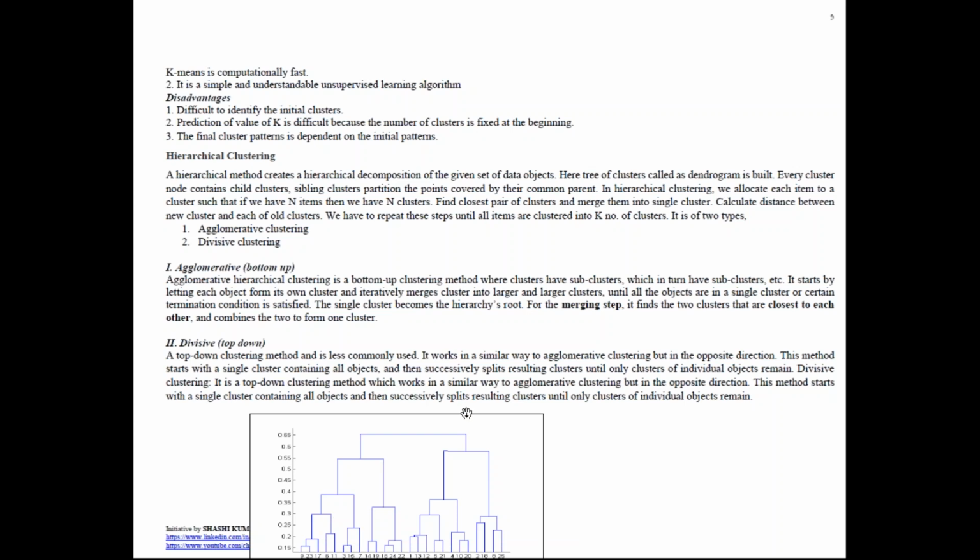And here, the good thing about hierarchical clustering is, if I want to decide that I have to restrict it somewhere, what I can do is draw a line here.